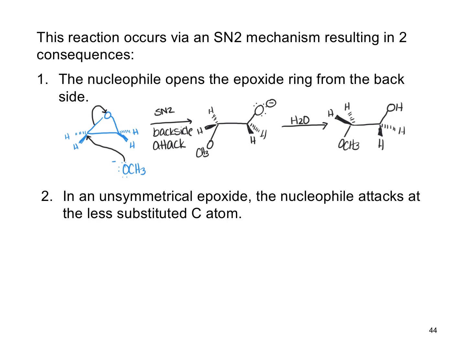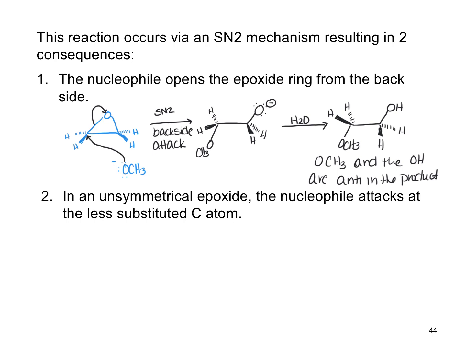And the big thing here is that the OCH3 and the OH are anti in the product, right? Where we see up here, one is up and then the other is down. So they're on opposite sides around that single bond.